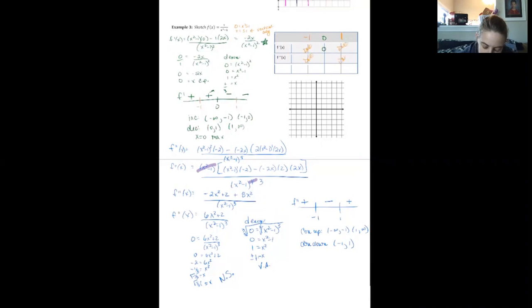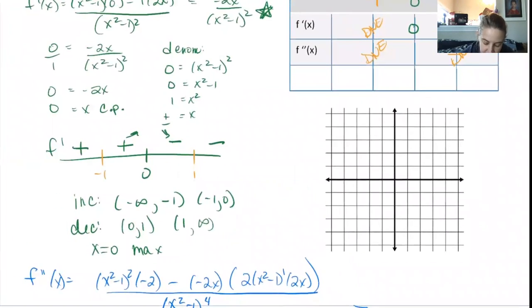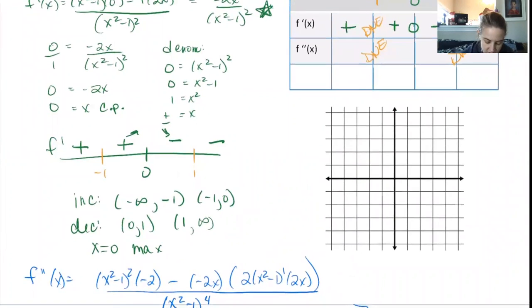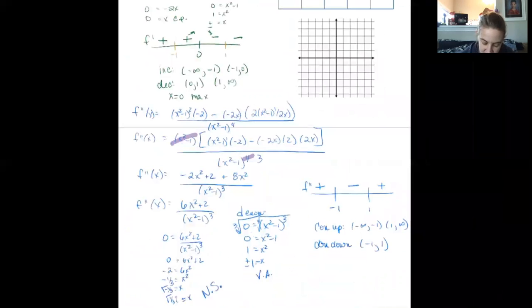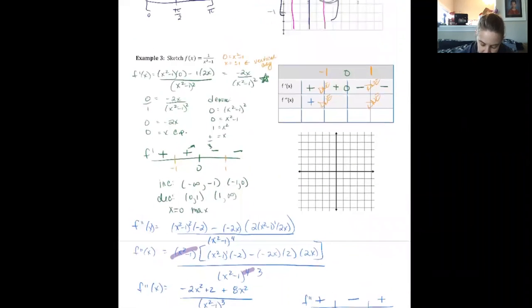It's where we were trying to divide by 0. For that first derivative, it was positive, positive, negative, negative. And then the second derivative was positive, negative, negative, positive.